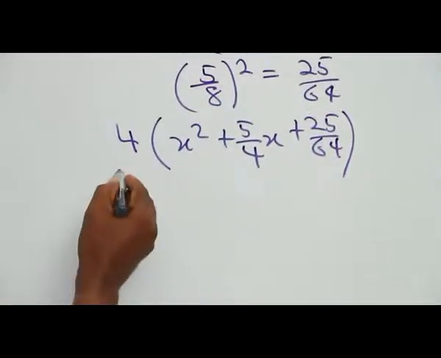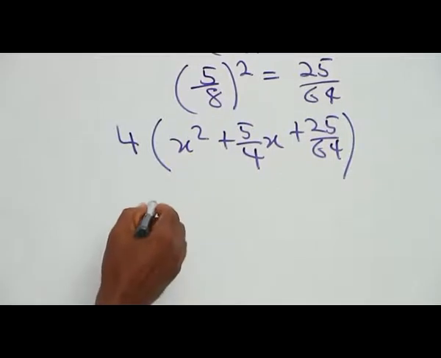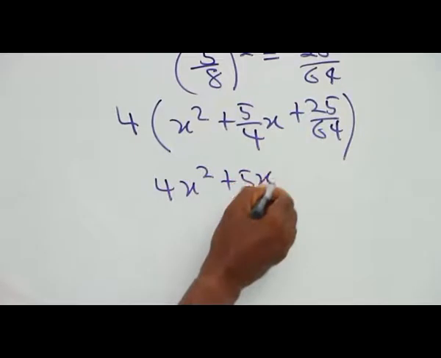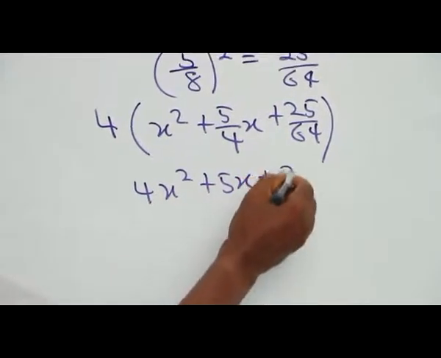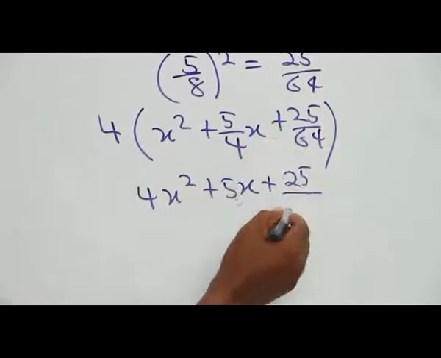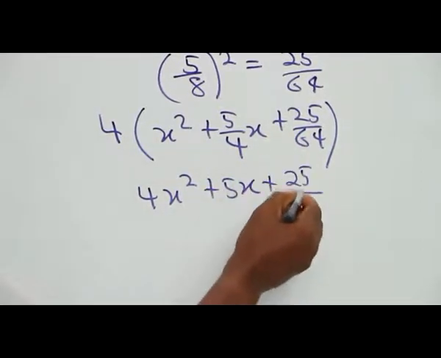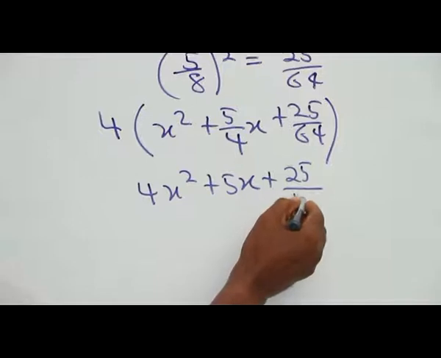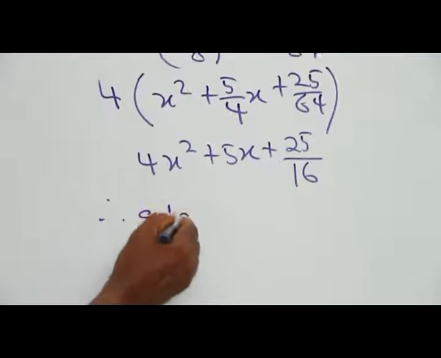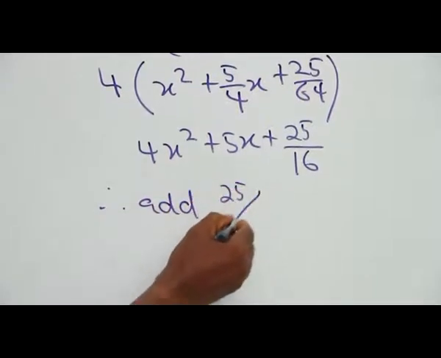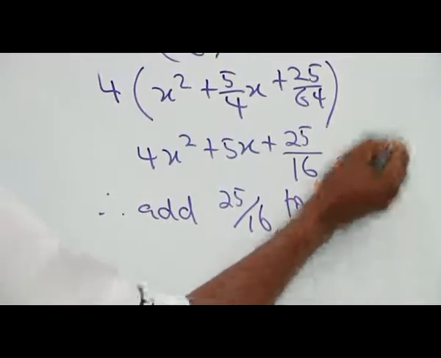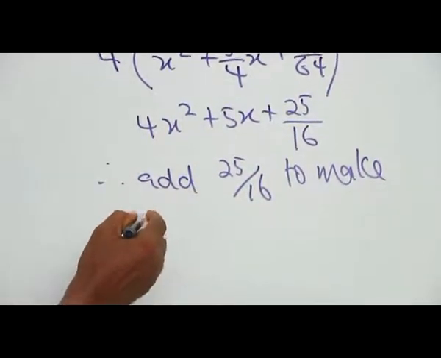And then if you open the bracket again, we now have 4s squared plus 5s and then plus 25. And when you divide this, 4 into 64, 1, and that is 16. Therefore, you will add 25 all over 16 to make the expression a perfect square.